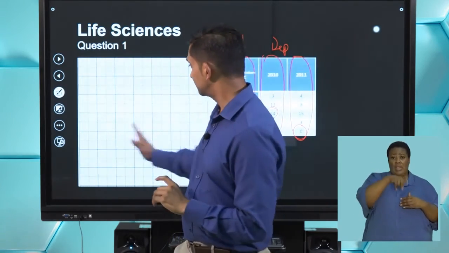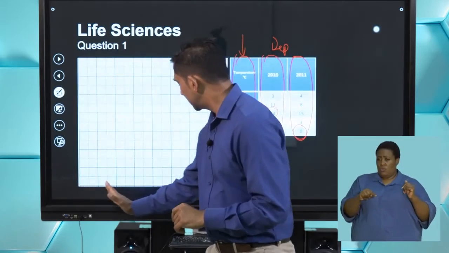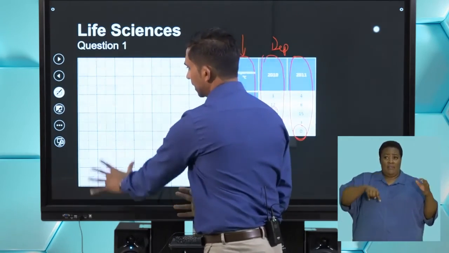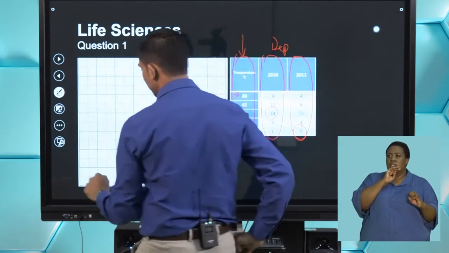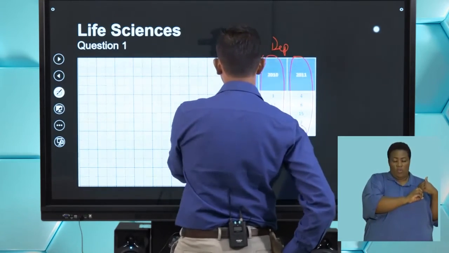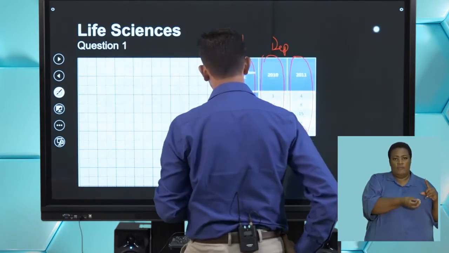If we did that on the x-axis, we would have to start at 0, and most of our graph would be blank because we don't have a value for it. So it's not important for us to start from 0, as we don't have any information on the table for 0 degrees Celsius.